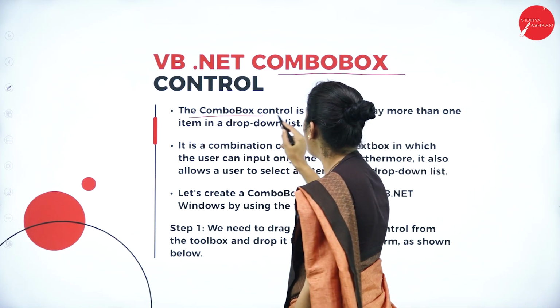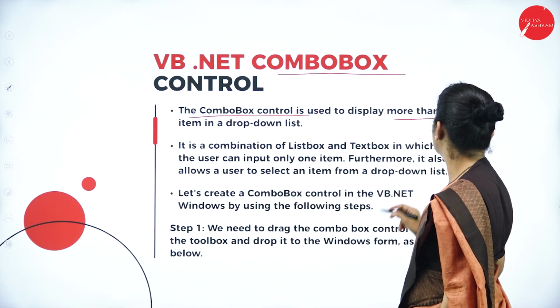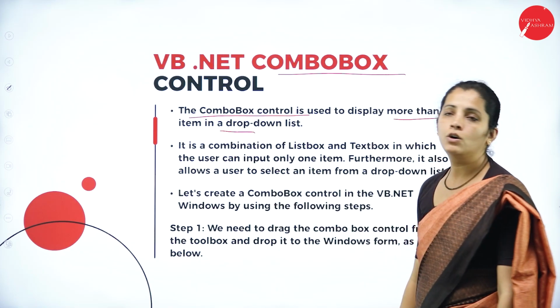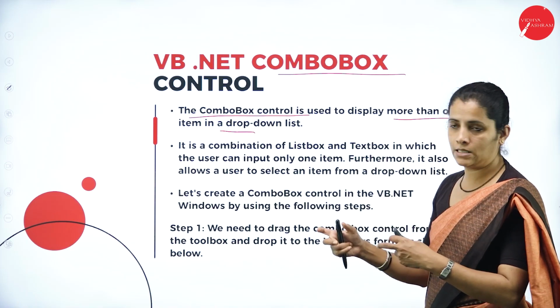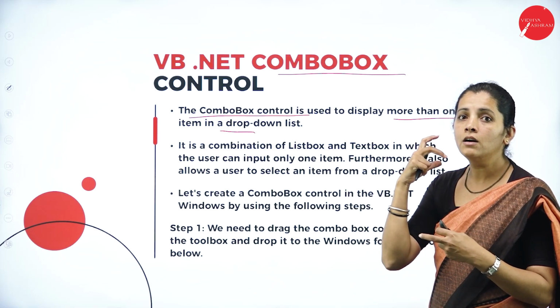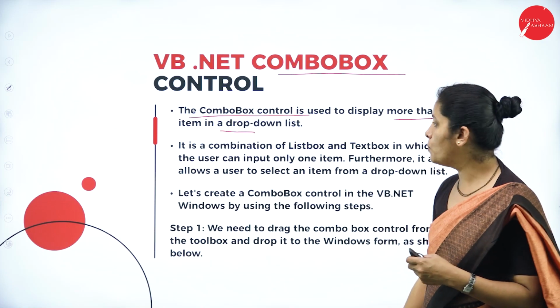The combo box control is used to display more than one item in a drop down list. So when you have to list more than one item in a drop down list, at that time we are going to use the combo box.